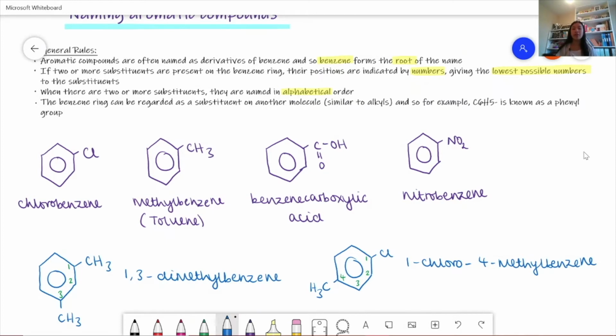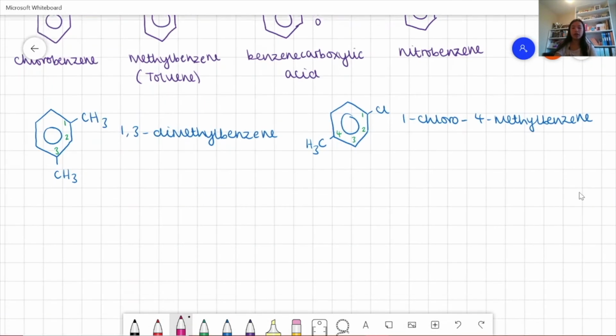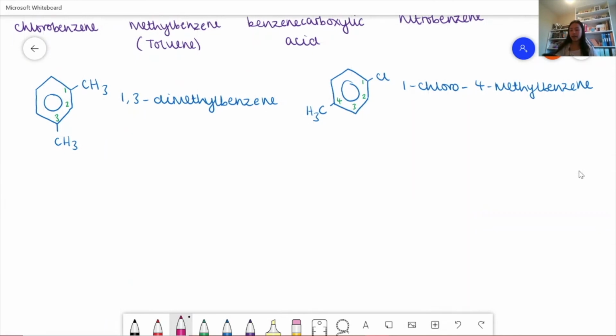The next rule is that the benzene ring can be regarded as a substituent on another molecule. It's a very similar idea to when we have alkyls. For example, C6H5 is known as a phenyl group. Looking at some examples, we could have the main chain being an amine.